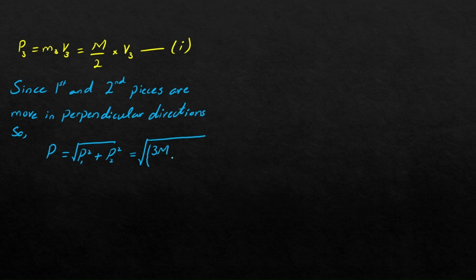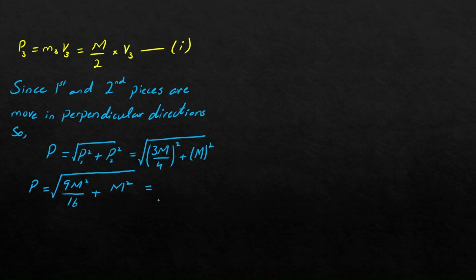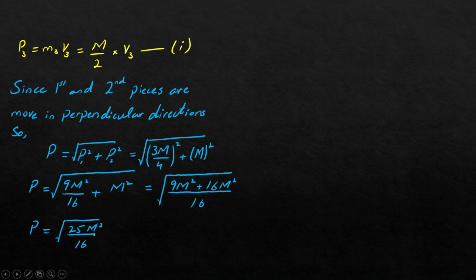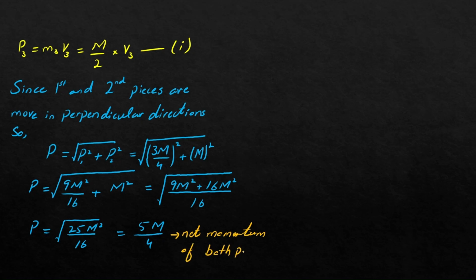By putting the values of P1 and P2, it becomes equal to this, and after simplification, the net momentum of the two pieces whose masses are given can be computed, which equals the square root of (9m square plus 16m square) divided by 16, and P is equal to the square root of 25m square divided by 16, which is equal to 5m over 4. This is the net momentum of both the pieces whose masses are given.